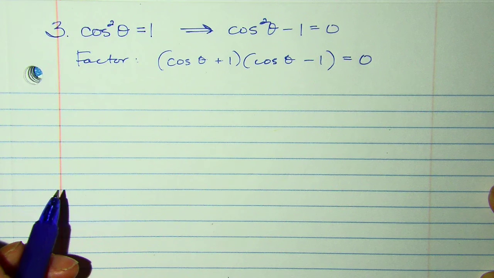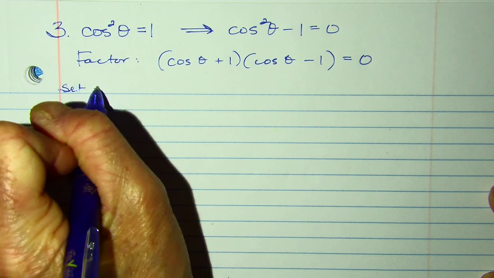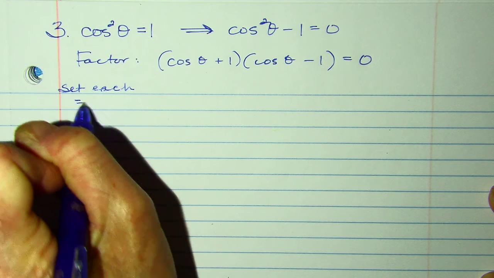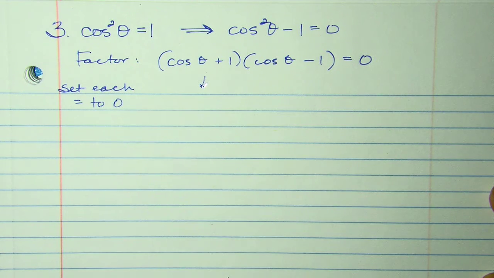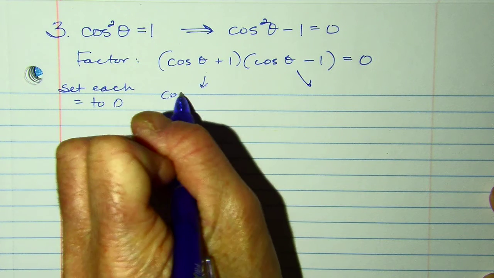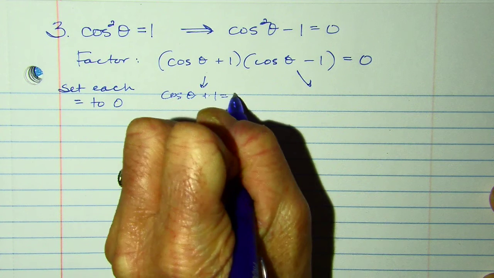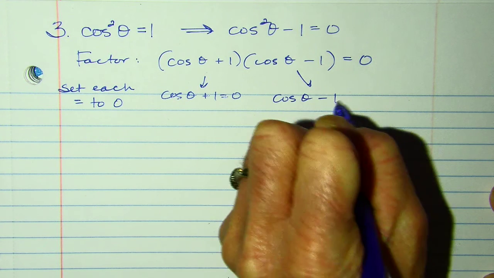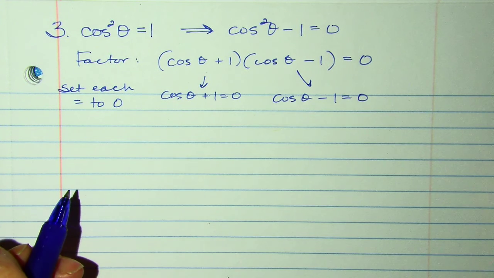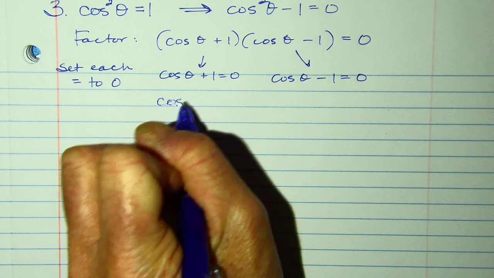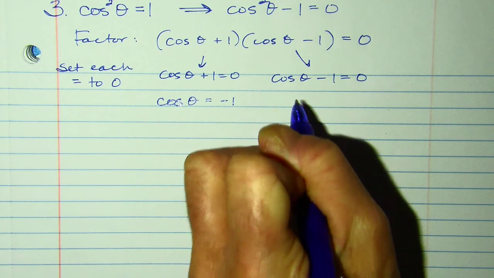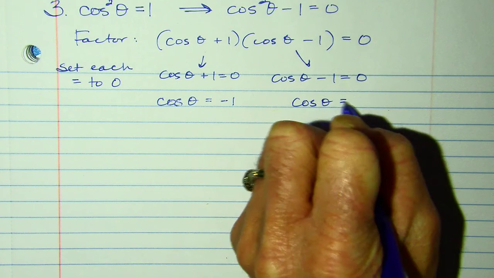Right? The next thing we do is set each equal to 0. So this would be the cosine of theta plus 1 equals 0. The cosine of theta minus 1 equals 0. And hopefully then you recognize, okay, I am now solving for when does the cosine of theta equal a negative 1 and when does the cosine of theta equal a positive 1.